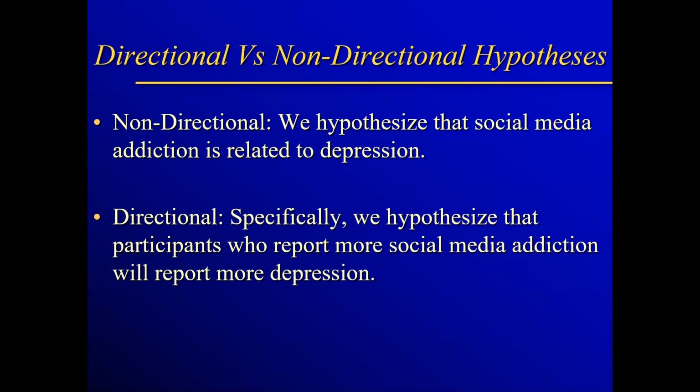Or participants who report more or higher body image will report, what's that group doing? Higher body image will report higher self-esteem. So you can see how a non-directional hypothesis just says, hey, simply, they're going to be related. The directional hypothesis, on the other hand, gets a little bit more specific.